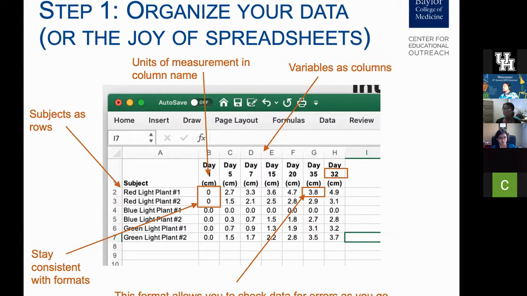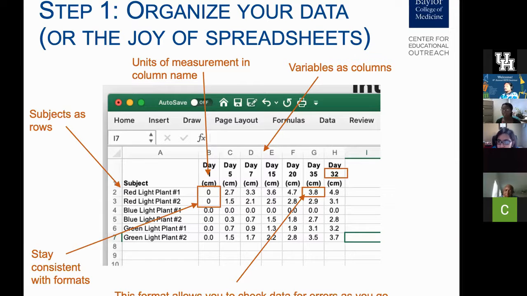But you can set it up in whatever way you need to. It allows you to look at your data overall, get an idea about consistency, check out errors, see different formats, and see each of the individuals. So you can look across a row and say, like in row 2 with red light plant number 1, on day 35 it was shorter than day 20. Well, that's probably not right. So I can go back and check my source data.